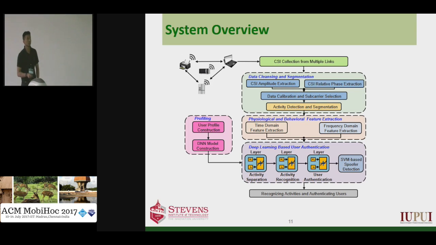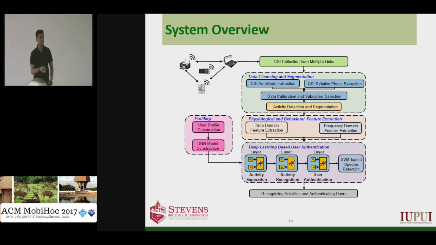And the third layer is user authentication. We want to know who performed these activities. So this is the final step. And also we have an SVM-based spoofer detection to detect the potential spoofer.